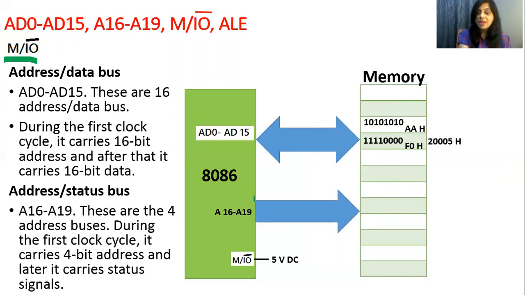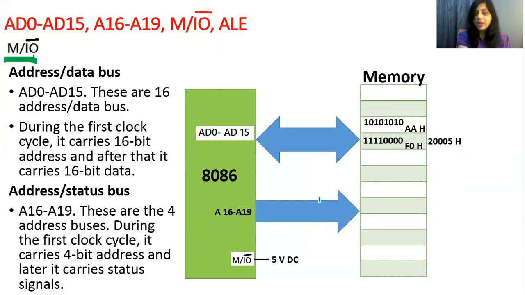So whenever we connect these peripheral devices like memory or input output devices to 8086, we need to differentiate between memory and input output devices. So this pin, memory slash IO bar, is used to decide which device is connected to 8086. That means with which device 8086 wants to communicate.